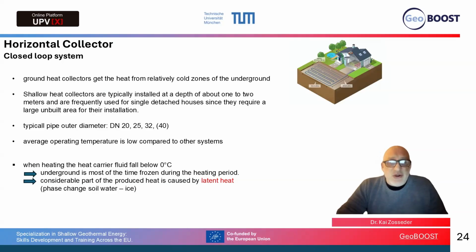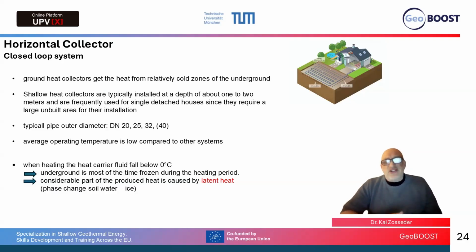But what we can use here is that we also have a phase change. The soil actually bears water, so it has a water content. And by reducing the temperature below 0 degrees Celsius, of course, this will freeze.